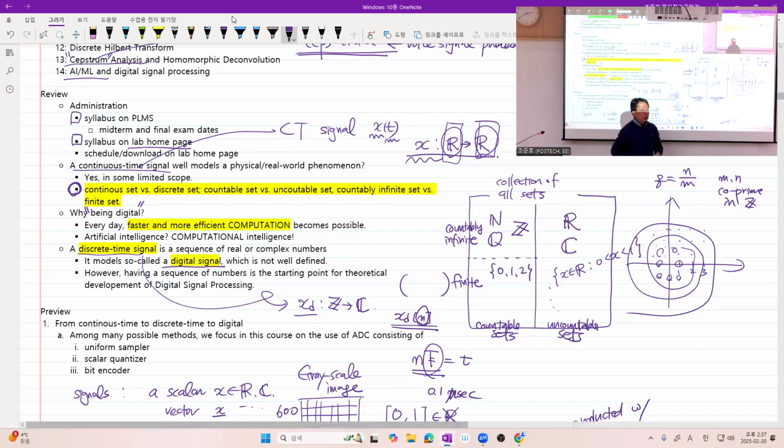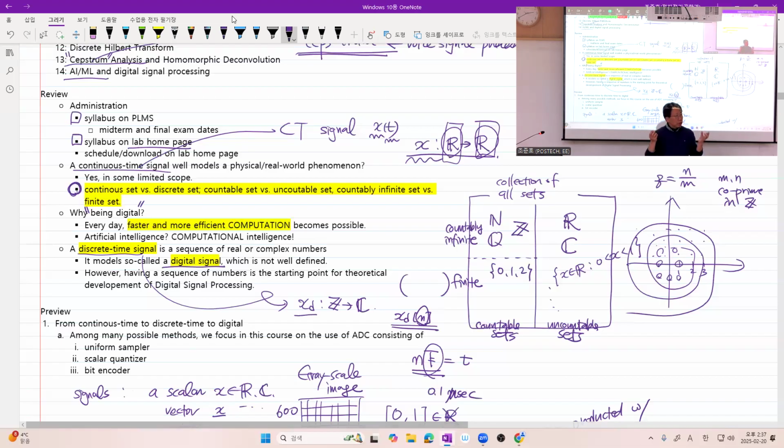As I told you, bit is an abbreviation of binary digit, similar to the decimal number, 십진수. So in order to talk about digital signal processing, even though when we talk about discrete time signal, the range is what? R or C in most of cases.